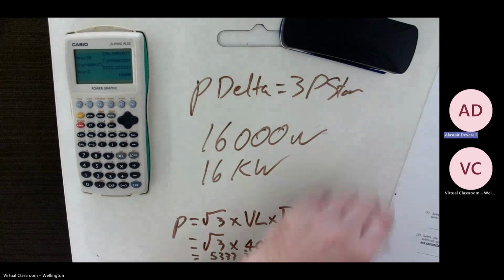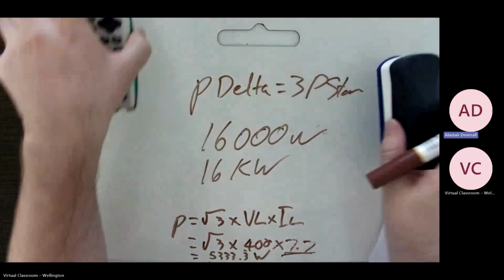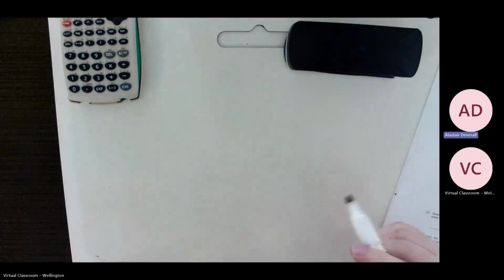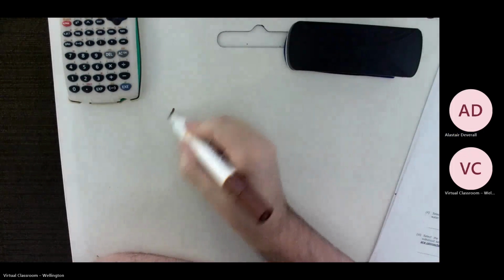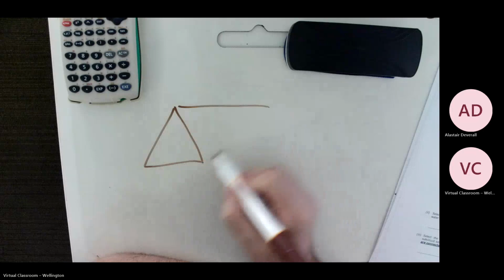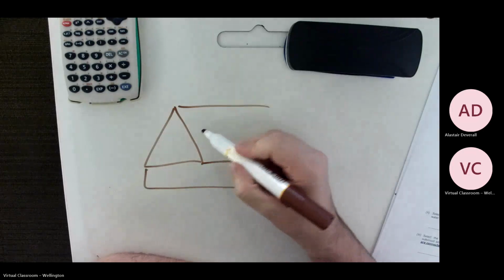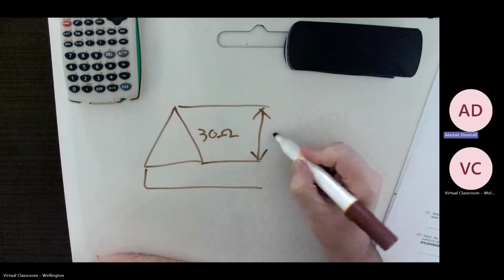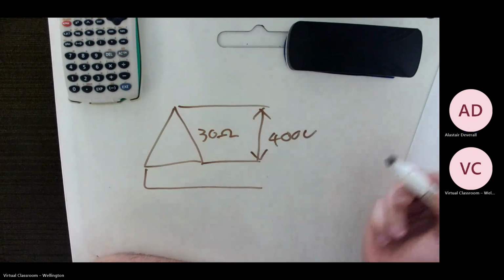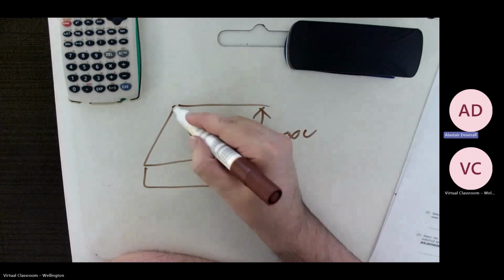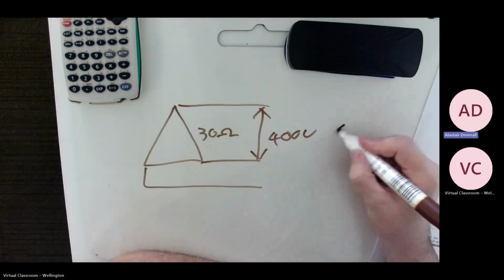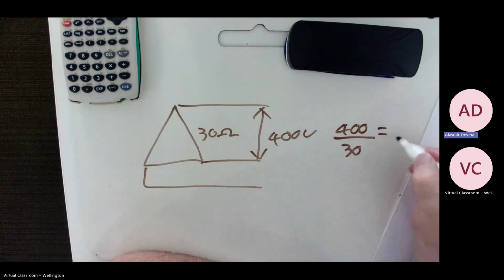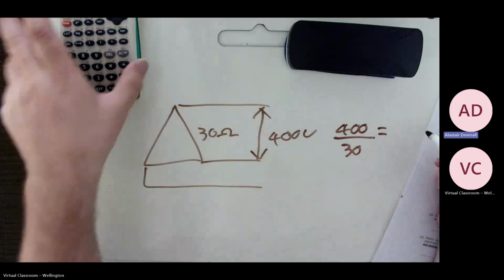There are obviously other ways to do this if you were going in the reverse order of working this out. So we have delta connection, 30 ohms, 400 volts. Now, we want to know the current going through there. That is 400 divided by 30 equals our I phase.